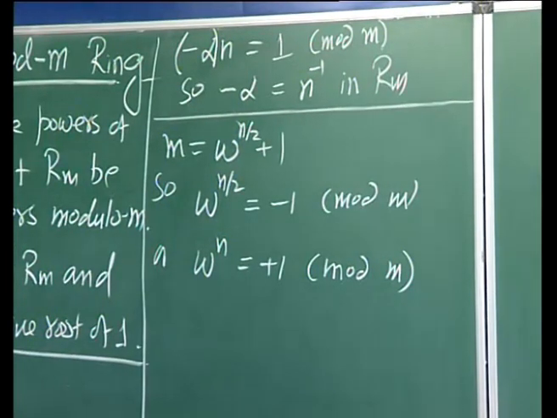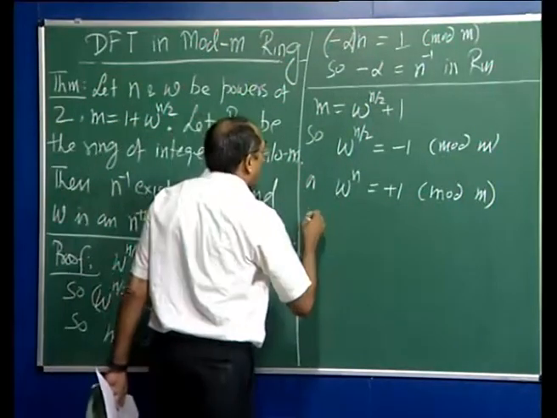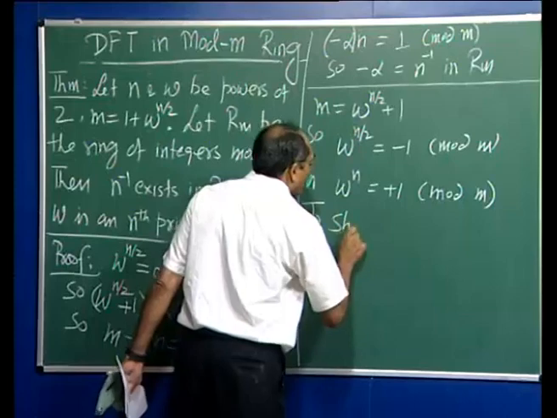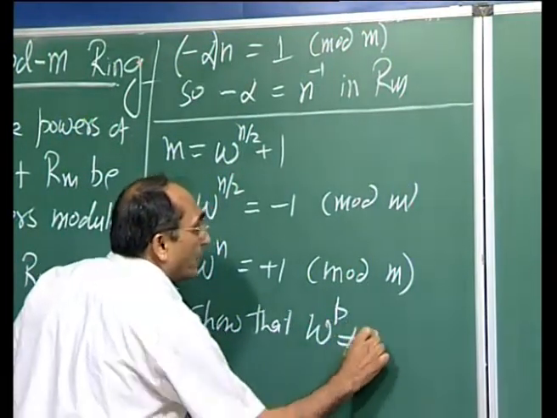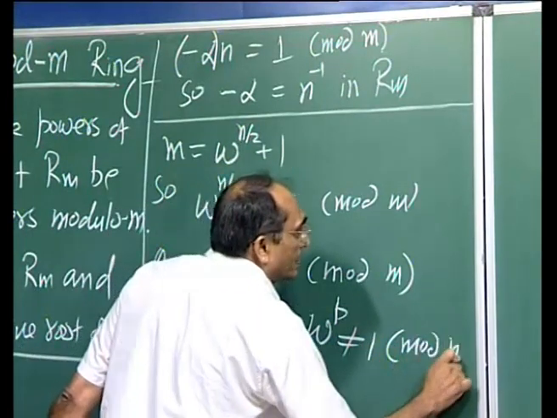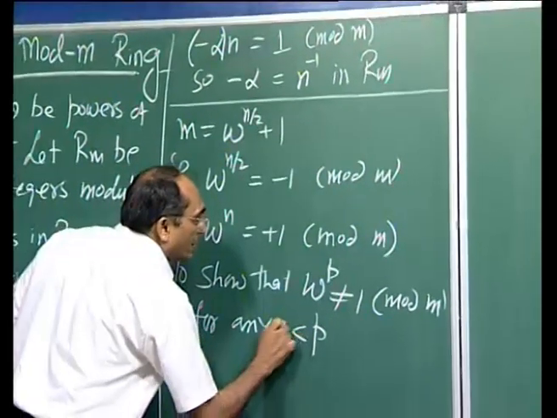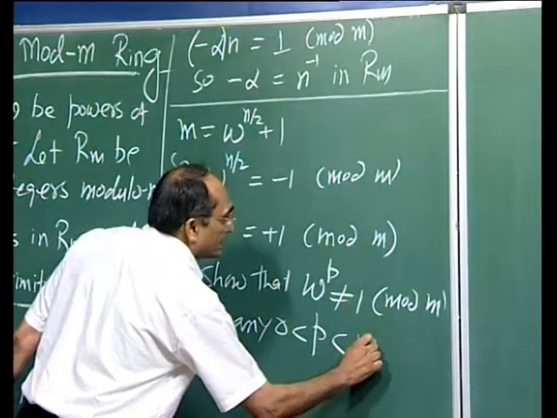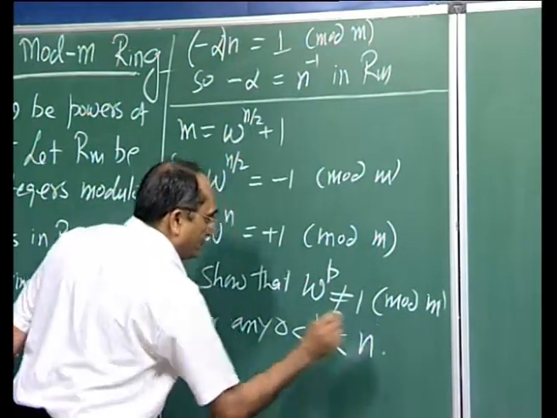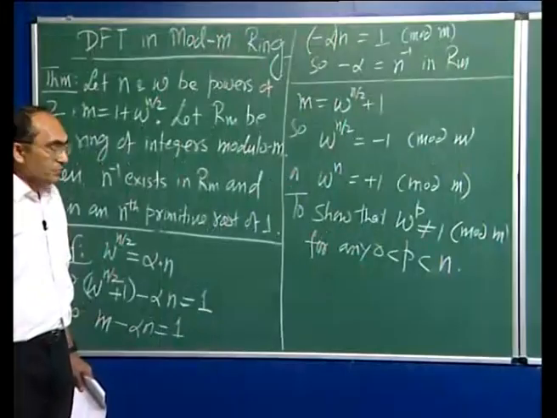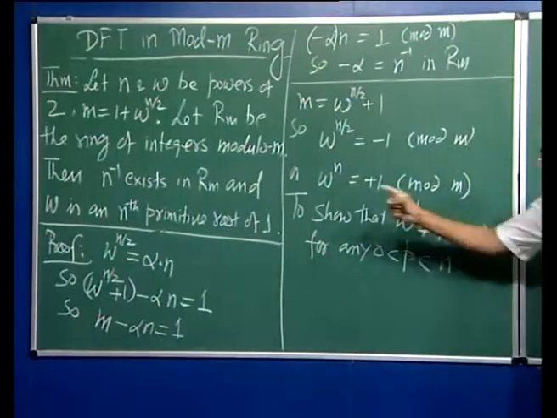So, indeed it is an nth root. Now, the question is whether it is a primitive nth root, which means we want to show that w power p is not 1 mod m for any p between 0 and n. We would like to establish this, and that would mean that w is a primitive nth root.